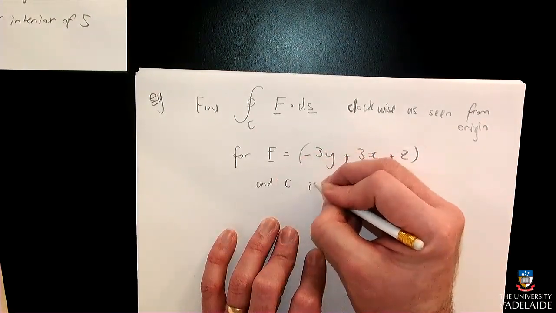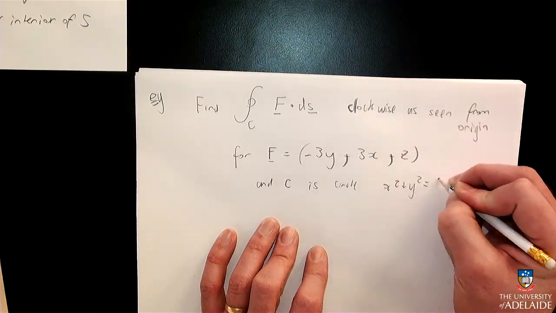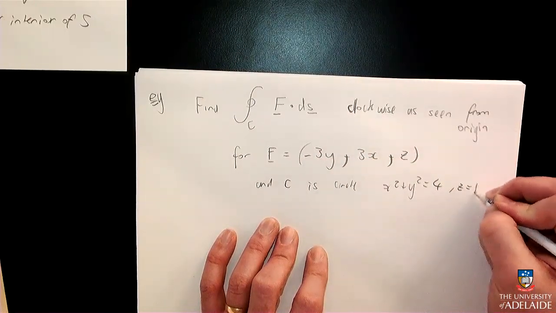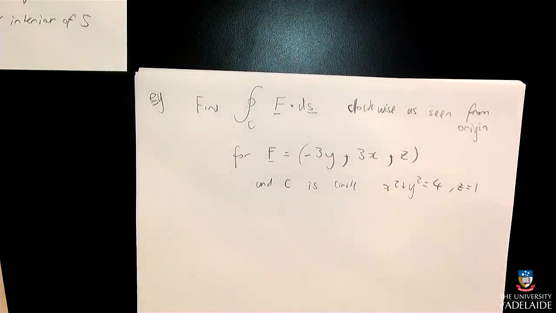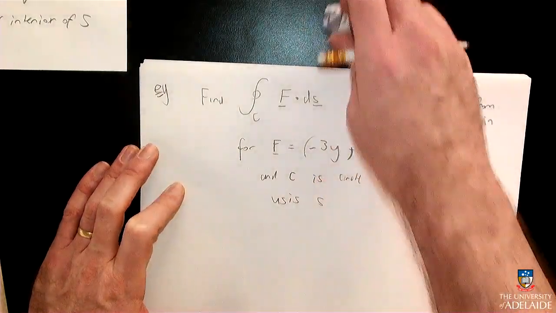And C is the circle x squared plus y squared equals 4, z equals 1. Okay. So we could just do that. We could literally parameterize that circle and do the thing we need to do. But this question says we have to use Stokes' theorem.